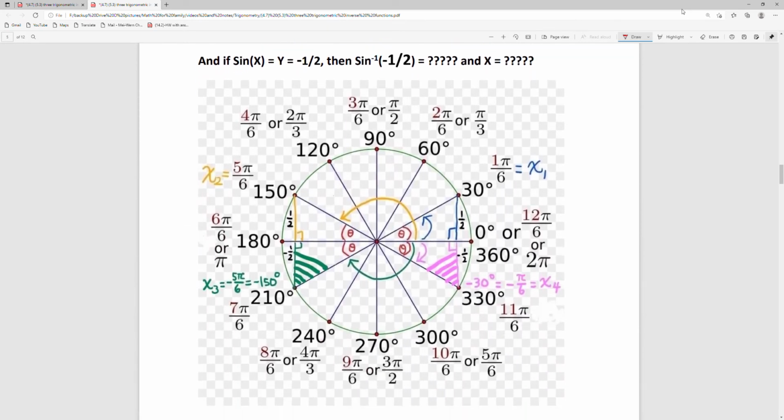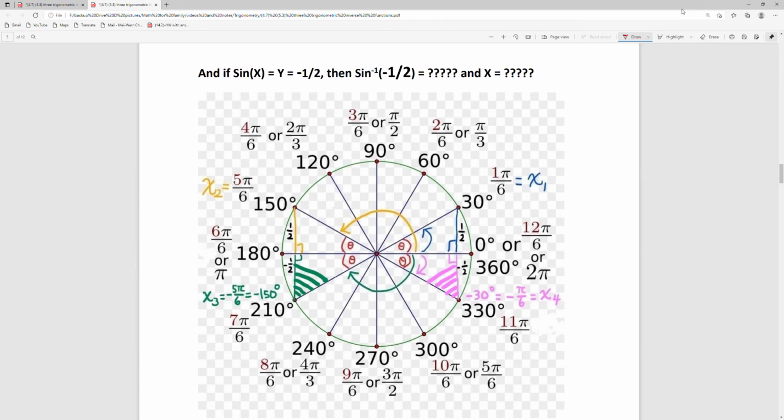How about when the input is negative? Same thing, we can do it quickly here. I draw a unit circle, and this time I need a negative. So negative, where can I have negative here, right? And also here, negative 1/2.